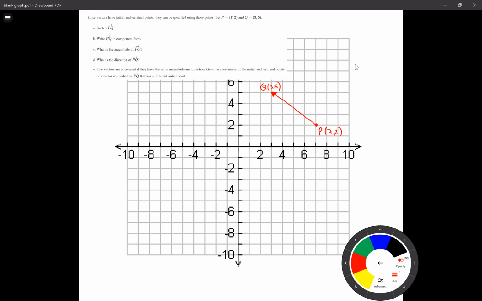Since you guys bring up direction, that's the difference between a vector and a line and a segment. A vector has direction, and also we have an initial point and an ending point. So for this vector PQ, which point is the initial point?